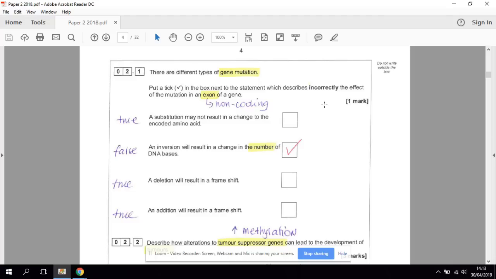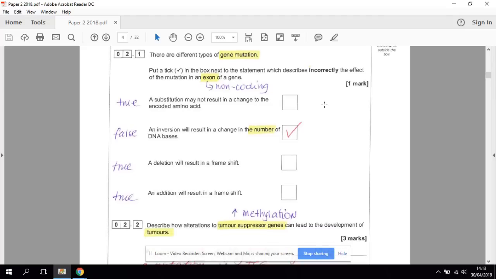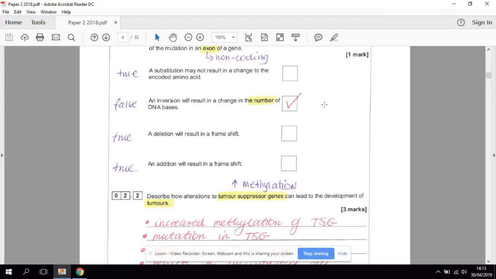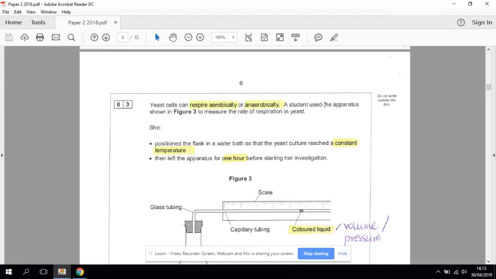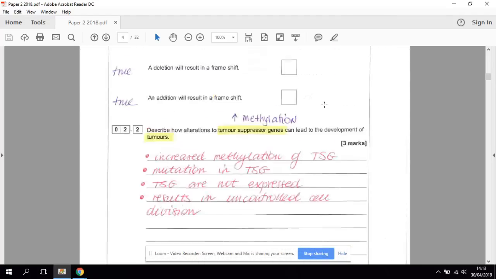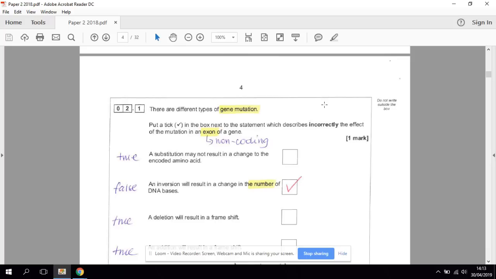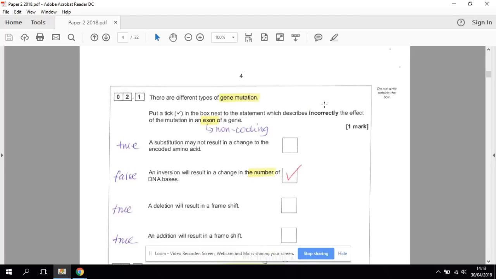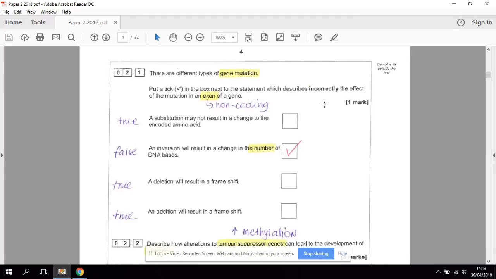An inversion will result in a change in the number of DNA bases. That's incorrect, because inversion changes just the way the bases are arranged in the polynucleotide. And then we've got deletion results in a frame shift, which is correct, and addition will result in a frame shift, which is correct as well.